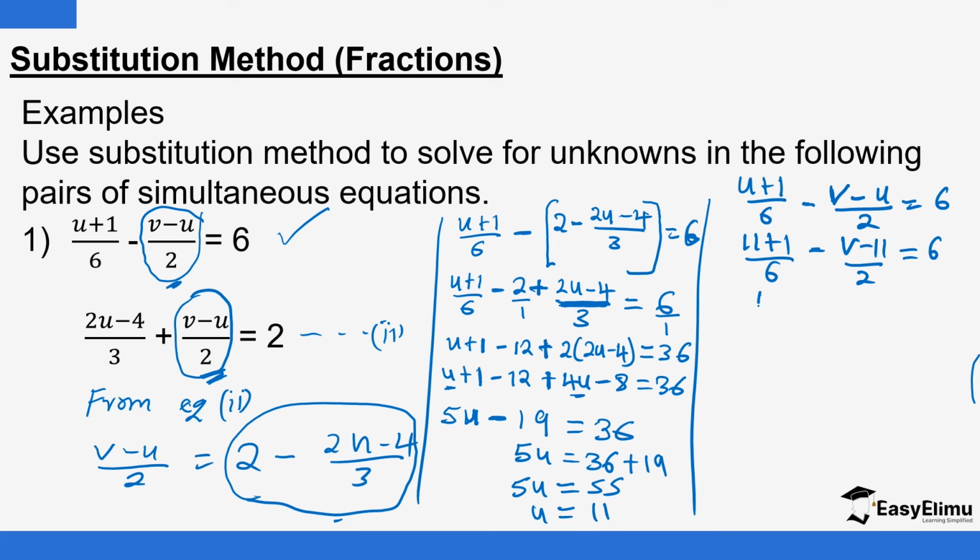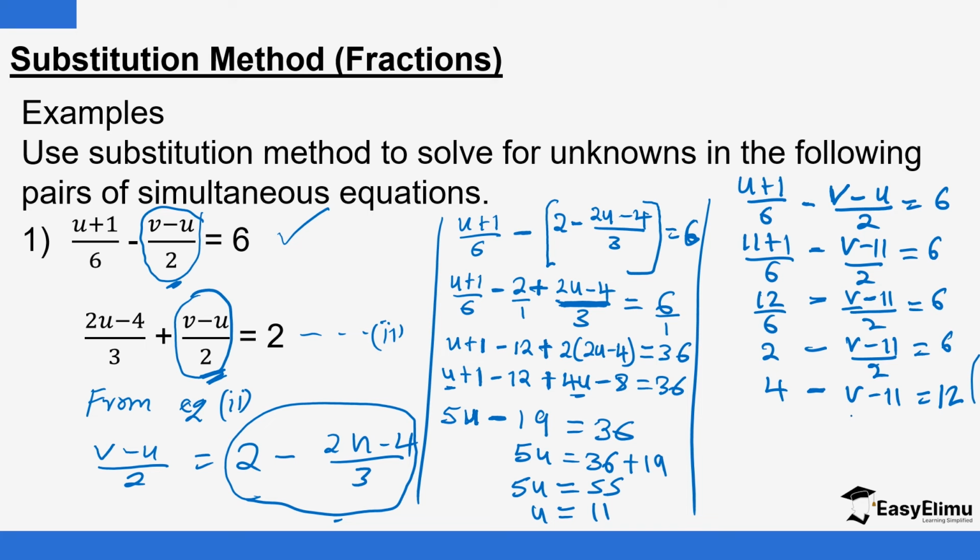So this is going to be 12 over 6 v minus 11 over 2 is equal to 6. If you divide this, you'll get 2v minus 11 over 2 is equal to 6. So I'll multiply all through by 2, so that this becomes 4v minus 11, and this becomes 12, because 6 by 2 is 12.